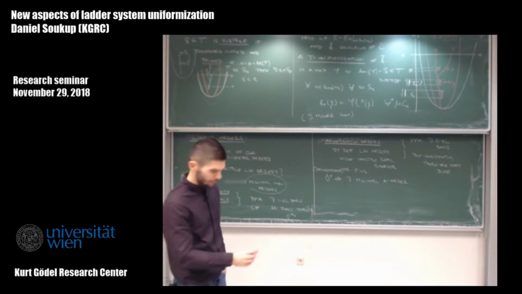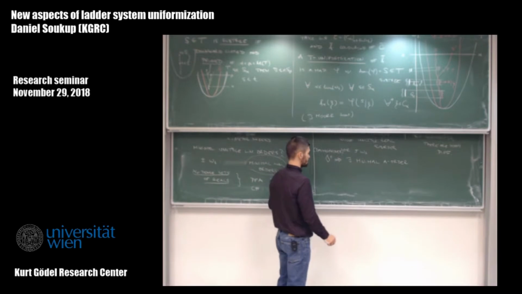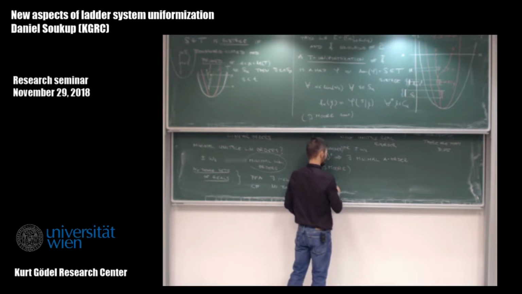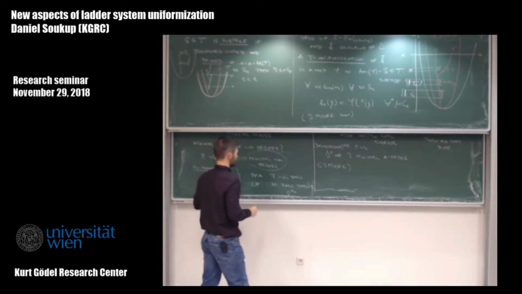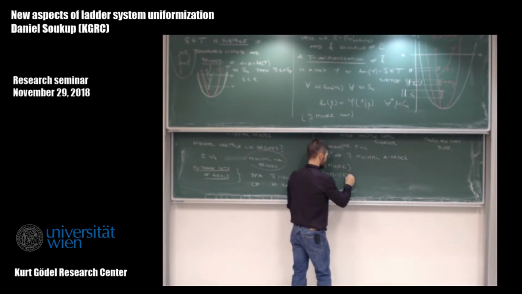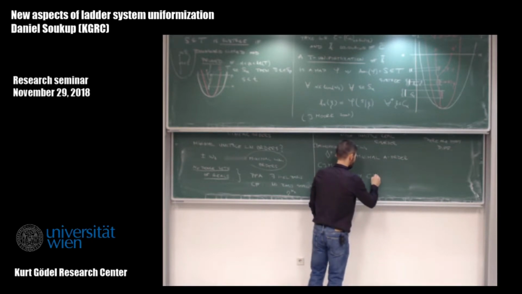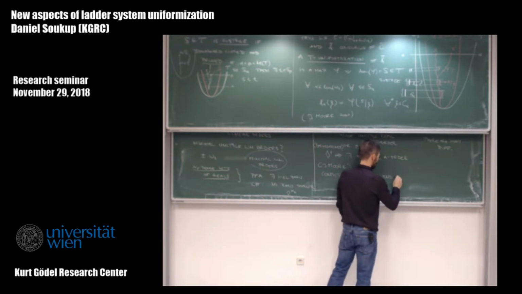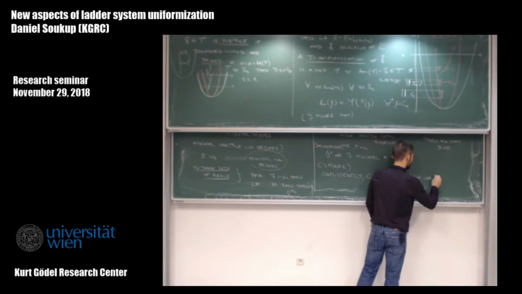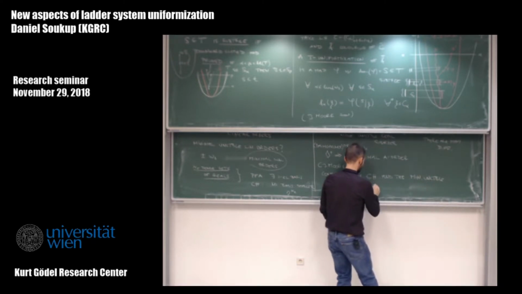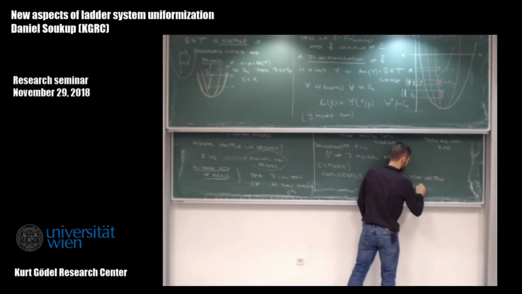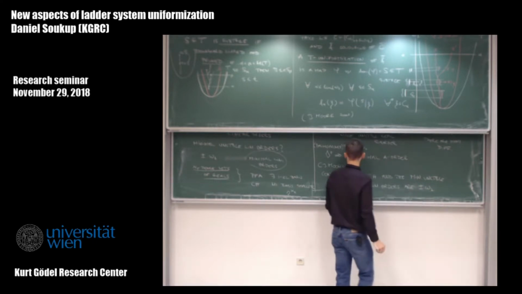And what I'd like to tell you is that consistently, Moore showed that it's possible that CH holds, and the only minimal uncountable linear orders are these guys.